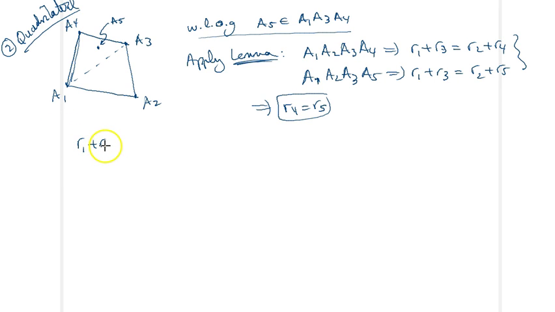Notice that R1 plus R3 plus R4 is simply equal to the area of triangle A1, A3, A4, namely this triangle over here.